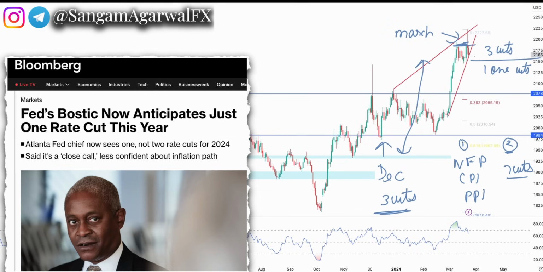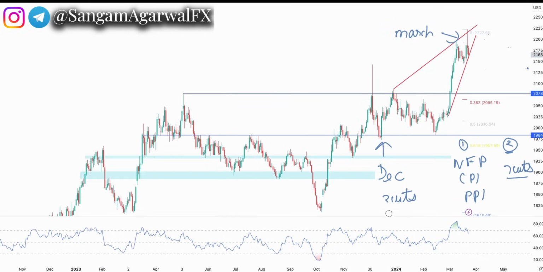Many FOMC members are hawkish and not all in favor of 3 cuts this year. So since the December FOMC low to this new all-time high, this is the reaction between Fed and market. They do not believe in each other and both think they are right. That's why you have this big market action.